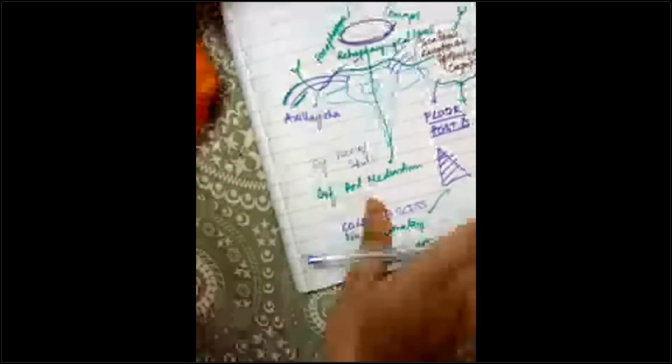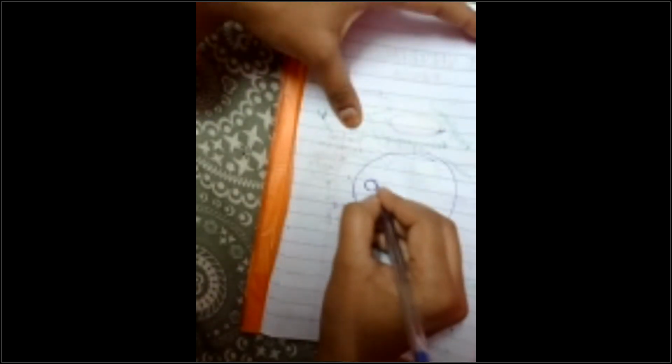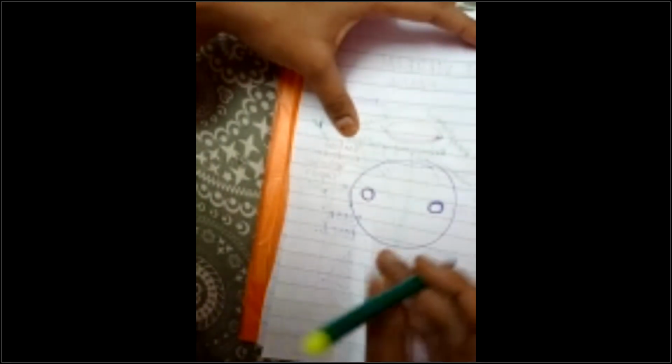Now let us see how it is extending and how it is formed. Let me draw a neat diagram here. If this is my investing layer, here is my carotid sheath. Let us pay attention to how it is formed.